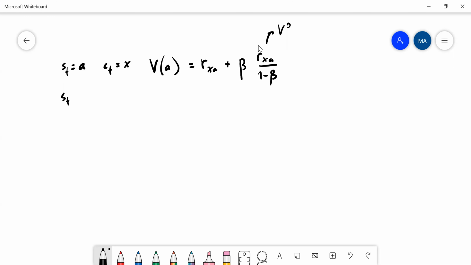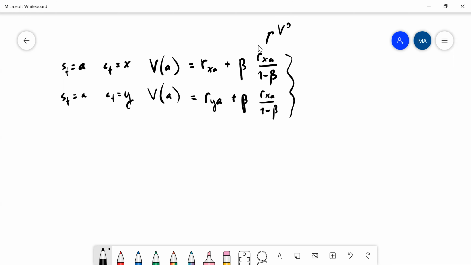And if the state is A, if you choose C_t equals Y, you have R_YA plus beta, again, R_XA over 1 minus beta. Okay? Now, which one maximizes your V1? So this is your V1. Right? Which choice maximizes V1 if the state is A?